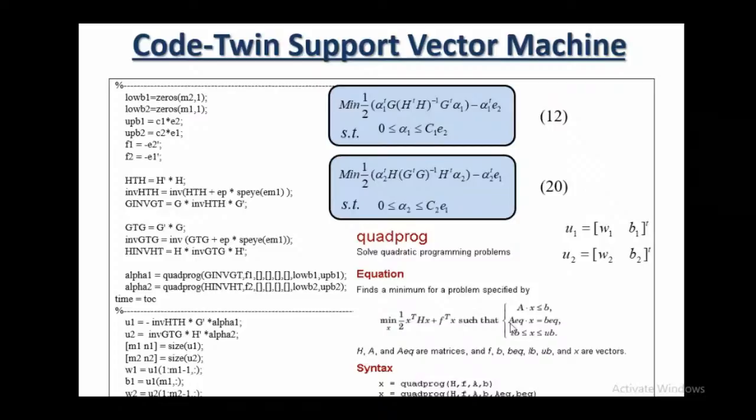And here, 0 less than or equal to alpha 1 less than or equal to C1 E2. In that case, you will see LB is less than or equal to X less than or equal to UB. So LB is nothing but 0 and UB is nothing but your C1 E2.